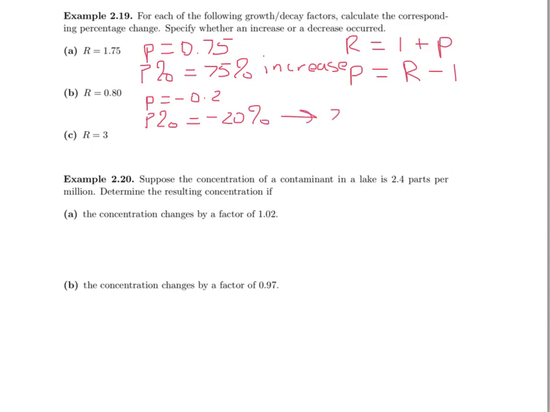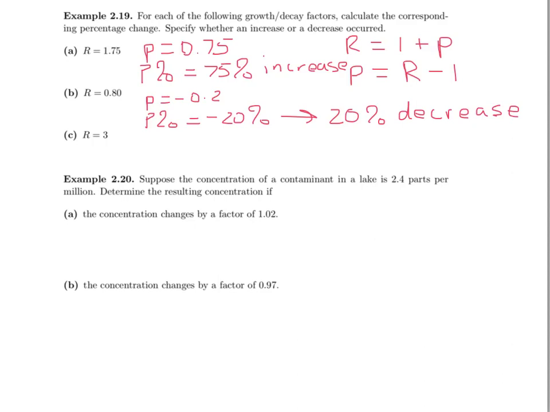This corresponds to a 20% decrease. The negative represents a decrease. So when a quantity changes by a factor of 0.8, really what is going on is the quantity is decreasing by 20%.